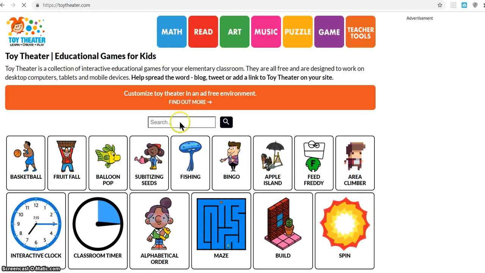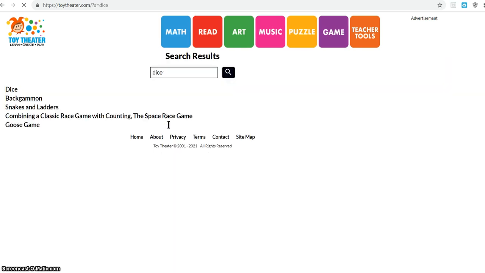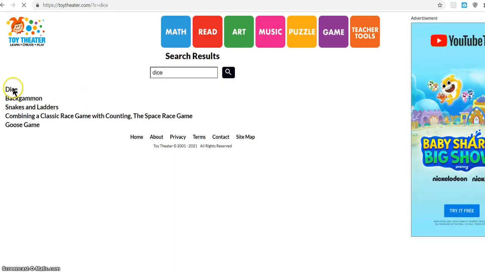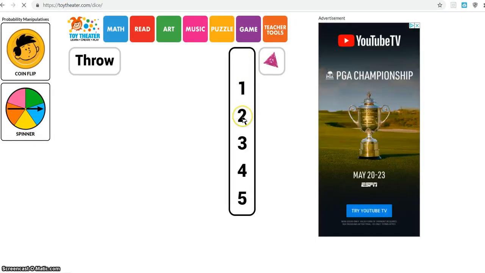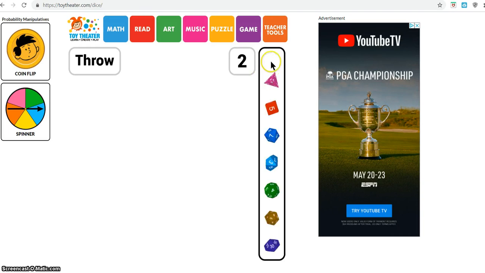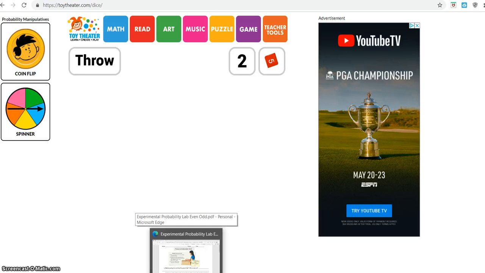And once you're there, right here on search, you're going to put dice, even though we have to say number cube. We have to put dice in here so the computer knows what we're talking about. And I want you to choose dice. And basically we are going to choose 2. And we want to use the normal number cube. Okay, just like that. So we'll come back here in just a second, but I want to make sure that you have that information going first.